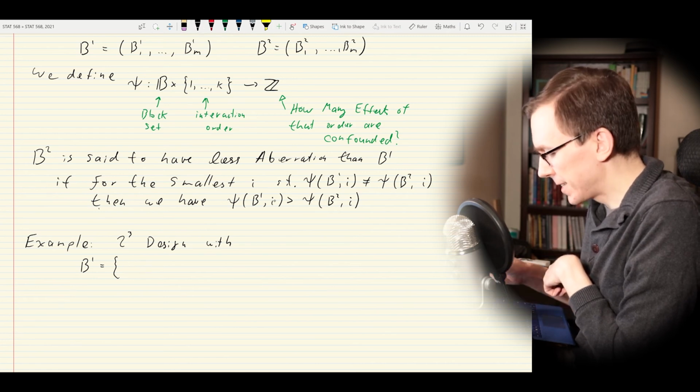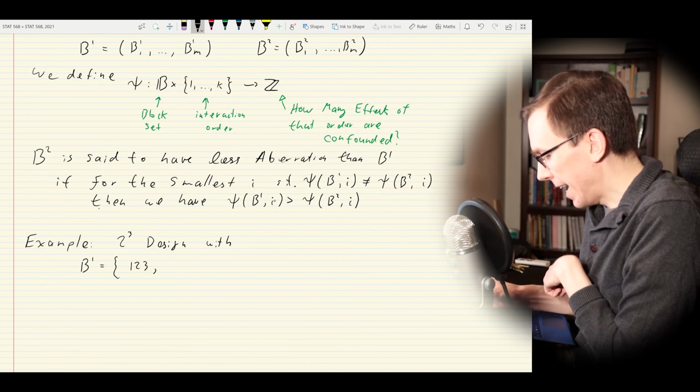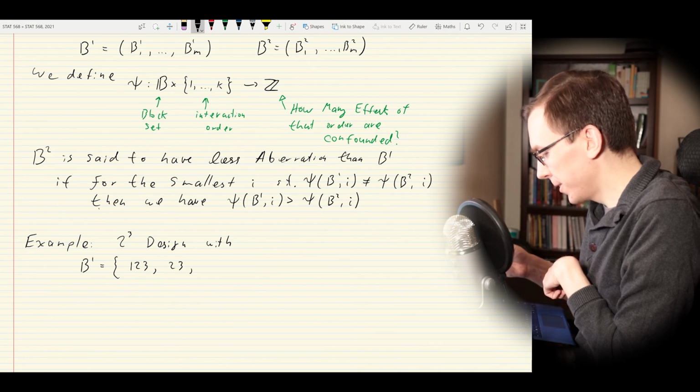B1 was, let's say, 1 2 3 and 2 3. And therefore, we also lose the product of those two, which is 1.